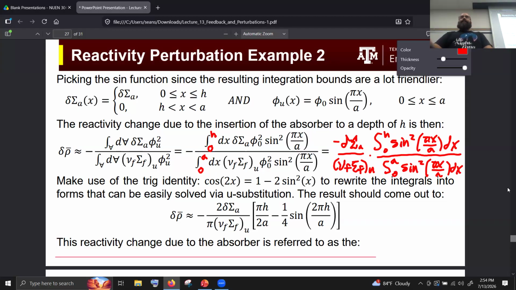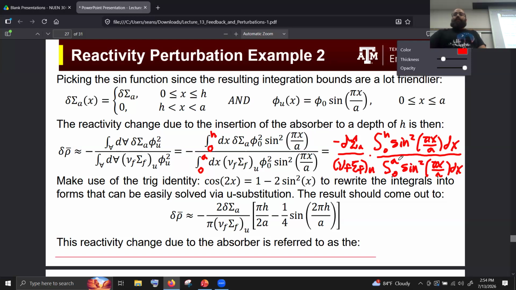So if I can integrate a sine squared, then I can get an analytical expression for what this reactivity insertion is. To integrate this analytically, you just want to make this trig identity substitution so that you can write sine squared in terms of cosine of 2x plus a constant. Then you can do a u-sub to evaluate this integral if it's a cosine without a square on top.